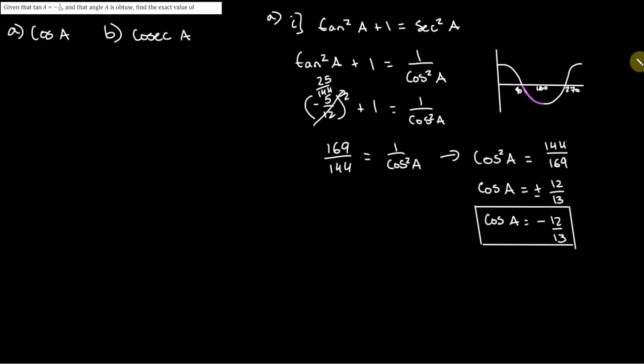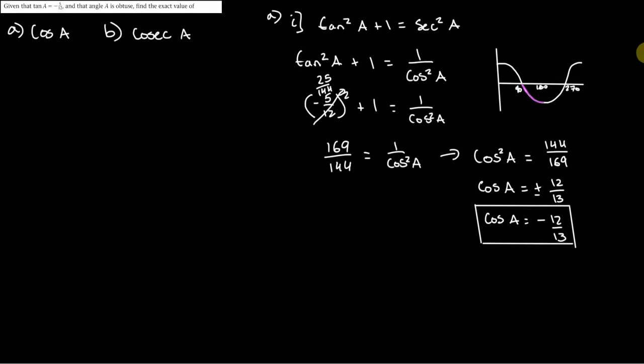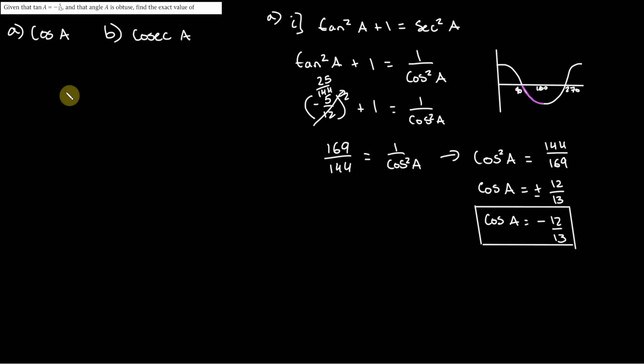Now the second method actually is maybe a little bit more simple. If one has memorized exact values in relation to the unit circle, and has a good sense or knowledge of Pythagorean triplets, you could immediately think, okay, we're told that tan A is 5 over 12.